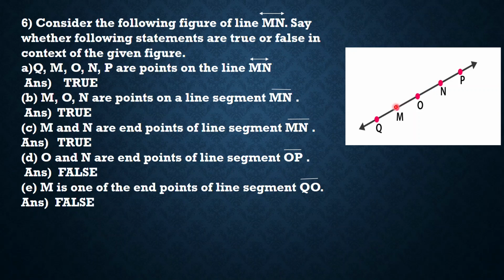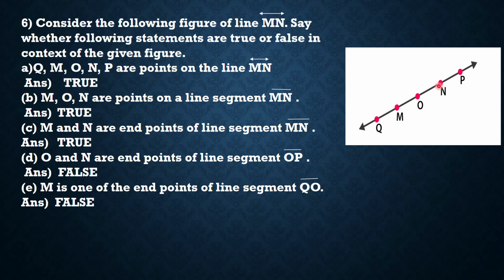Remember, a line segment will end here and here, whereas a line will pass through on both sides. So when MN is a line, it passes through like this on both sides, so Q and P will obviously lie on that line. But MON will end here and here.